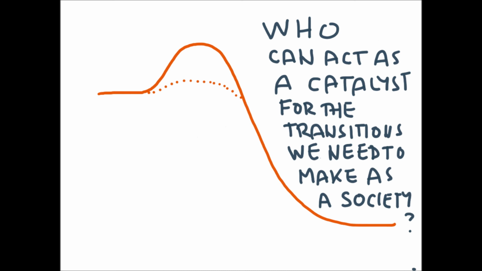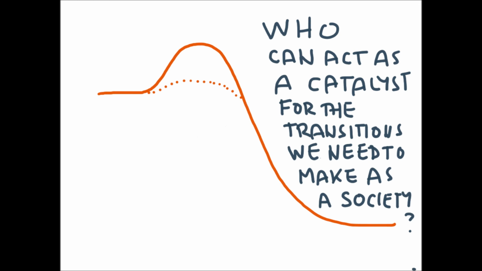But we're making it. So the question is, who can act as a catalyst for the transitions that we're in right now, transitions where we start to care about the environment instead of using it as a place to dump things? We recognize the rights of every person to be a person.